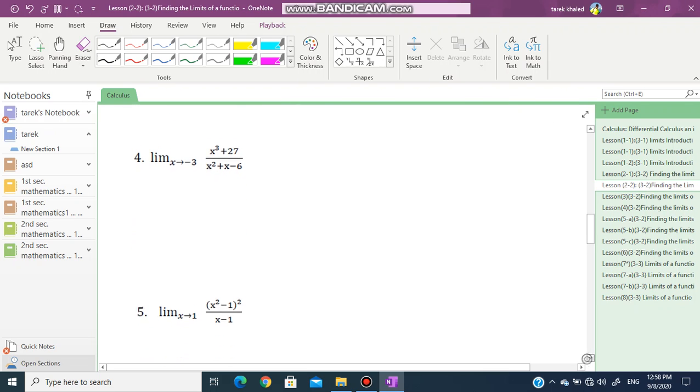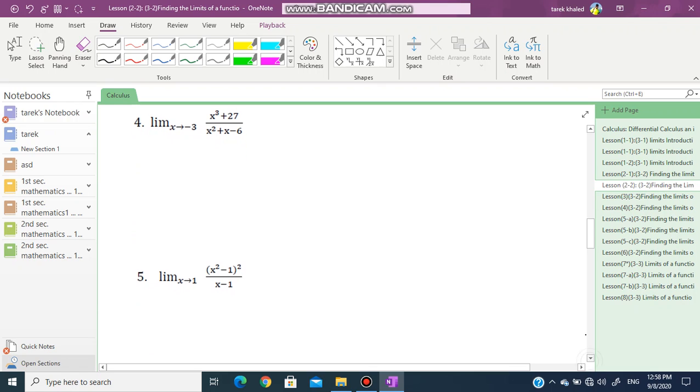The next one, limit x tends to negative 3 of (x^3 + 27) over (x^2 + x - 6). By substituting x equals negative 3, it will be (-3)^3 + 27 over (-3)^2 + (-3) - 6. It will be 0 over 0, an unspecified quantity.